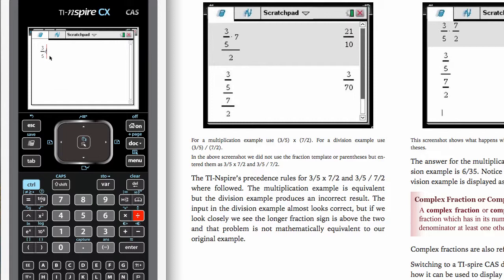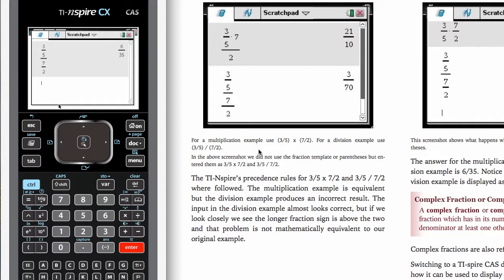Notice it switched it over to a fraction sign, and we want to divide by 7/2, so we'll use our template again. 7/2, 7, divide by 2, press enter, and we see that the answer turns out to be 6 35ths.